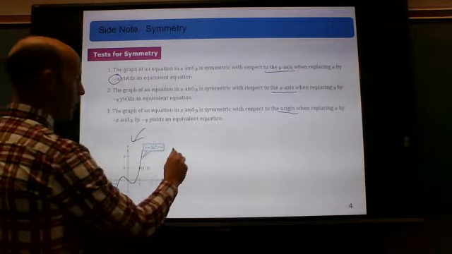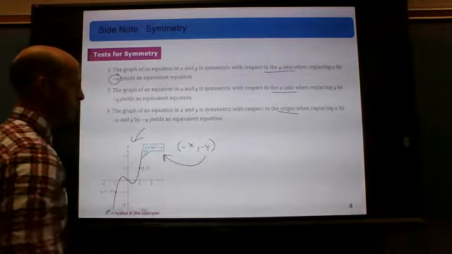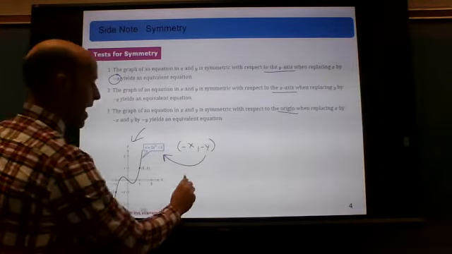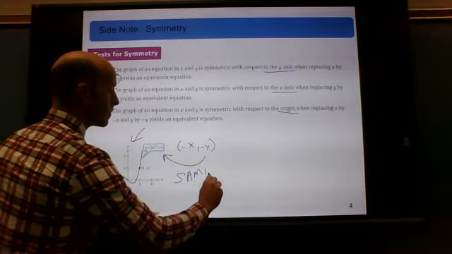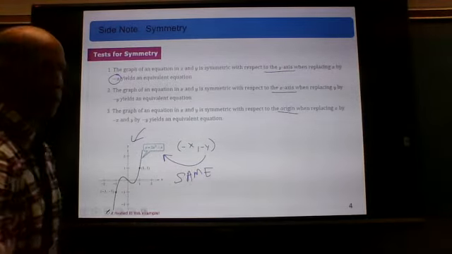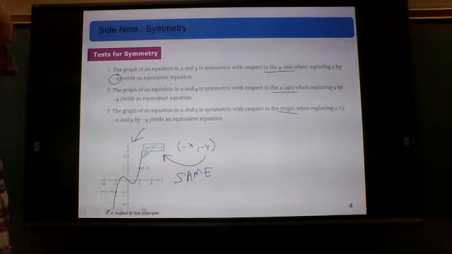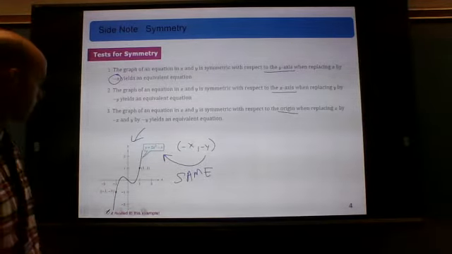It turns out if you plug negative x and negative y into this equation, you will get the exact same equation out, which will let you know that this particular example, which by the way has nothing to do with the example that we're doing here today in class, has origin symmetry.